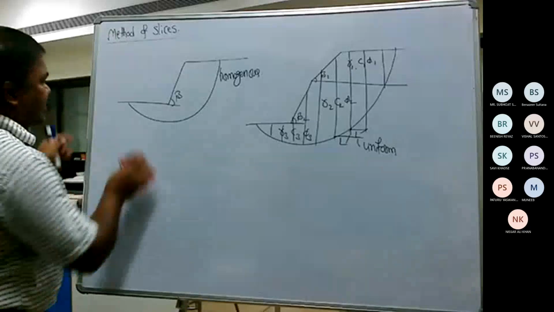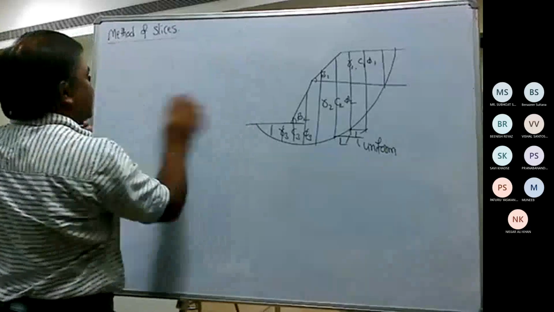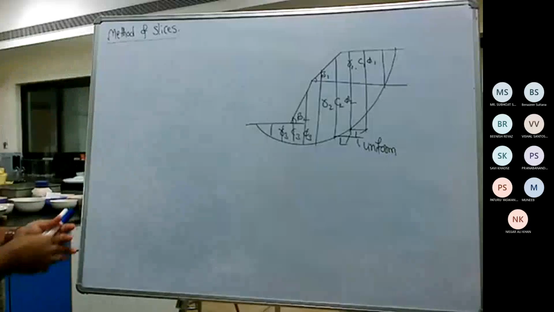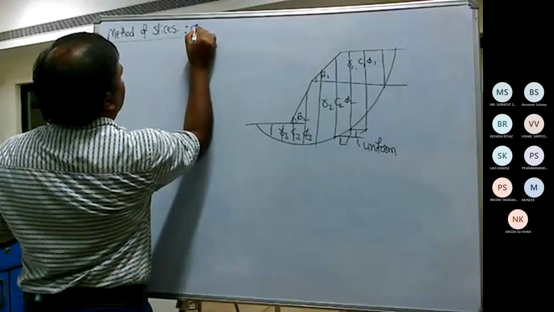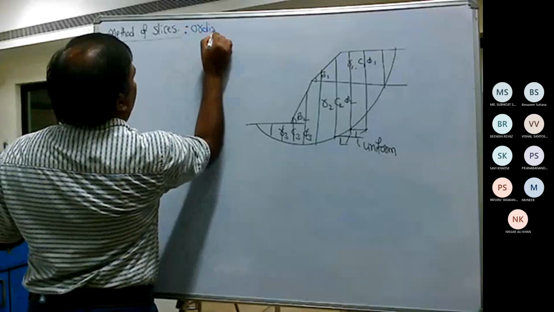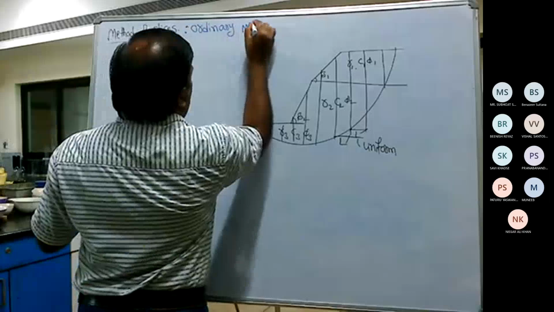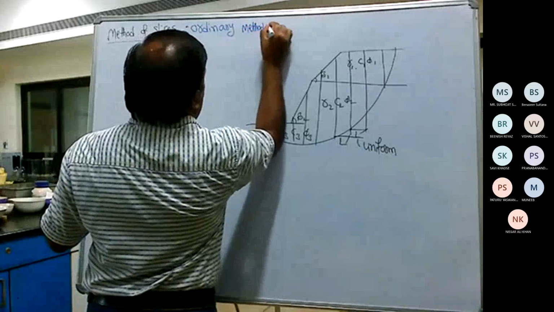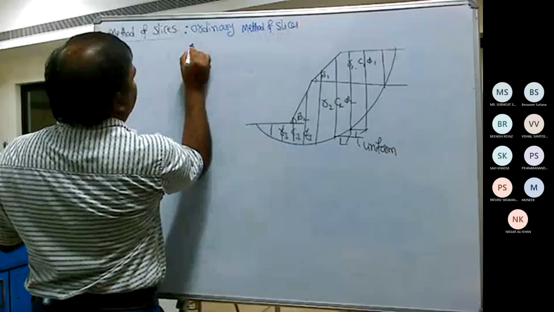Now, how do you do the analysis? When you talk about the method of slices, the commonly used methods are the ordinary method of slices and Bishop's method.